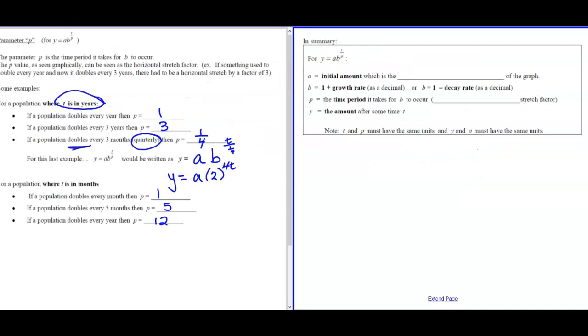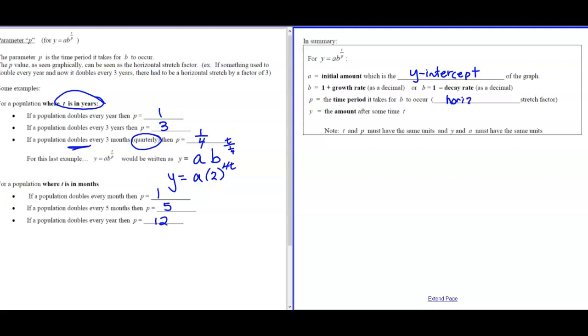Okay, so just in summary here, A is the initial amount, which is the y-intercept of the graph. For these particular ones, there's no vertical translation, right? So the y-intercept. b is 1 plus the growth rate as a decimal, or 1 minus the decay rate as a decimal. p is the time period it takes for b to occur.